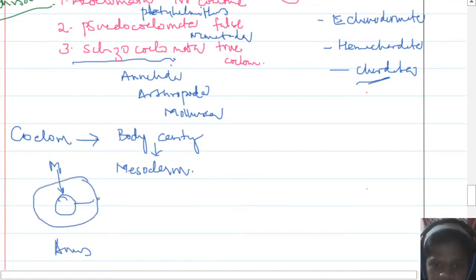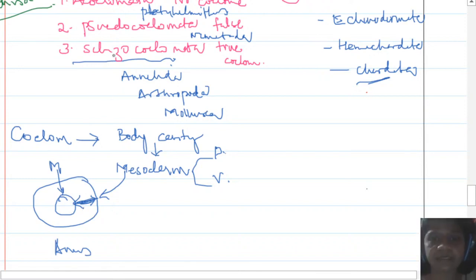So this space between them, this is lined by mesodermal layer. When this mesoderm layer splits into two, parietal and visceral, and gives the cavity, so this is lined by a mesoderm. That is when we call it a true coelom.